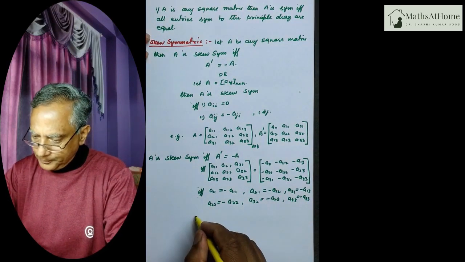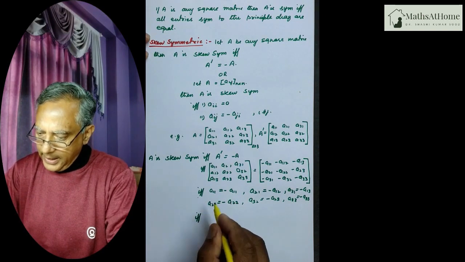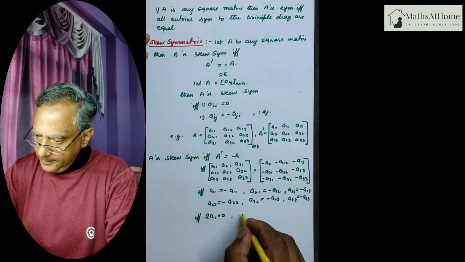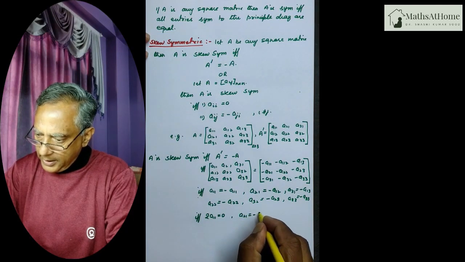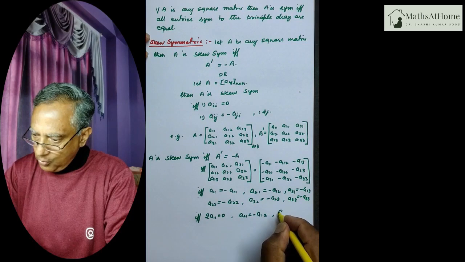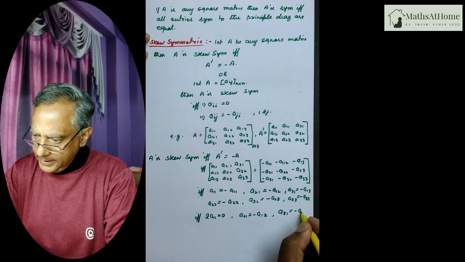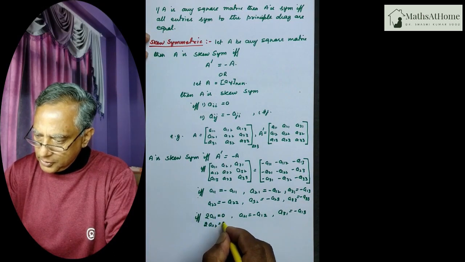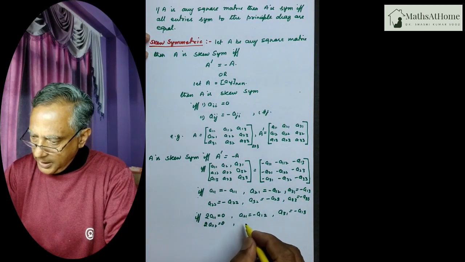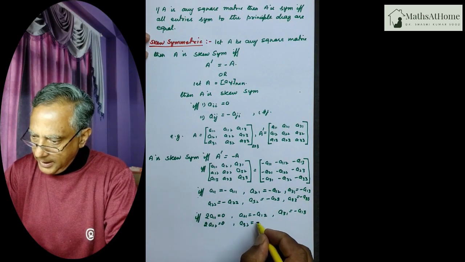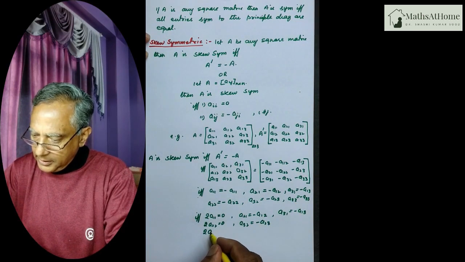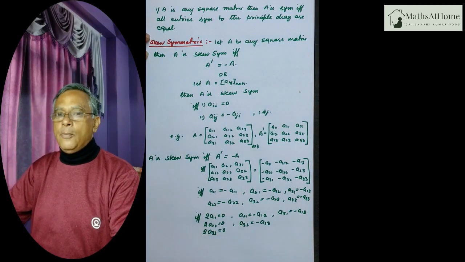If and only if, now from this equation what we get is 2A11 is 0, and next equation is A21 is equal to minus A12, and A31 is equal to minus A13, and this equation gives 2A22 is 0, and this equation gives A32 is equal to minus A23, and this equation gives 2A33 is equal to 0.